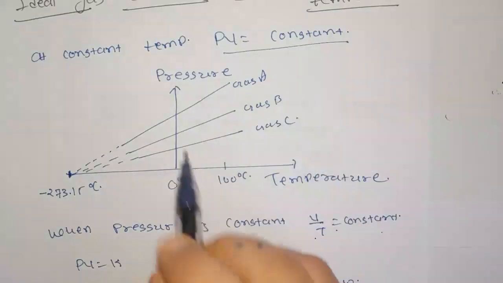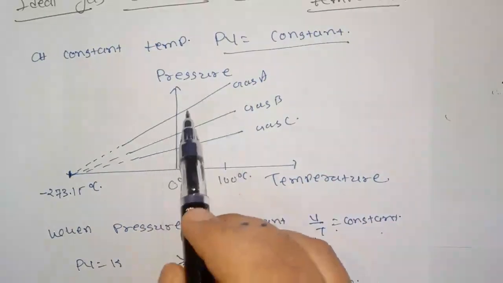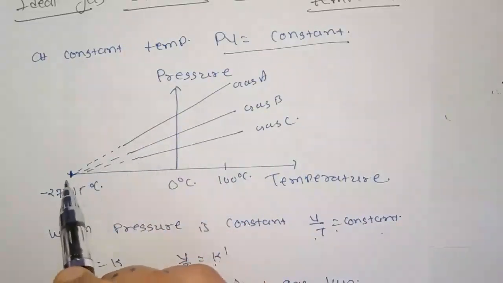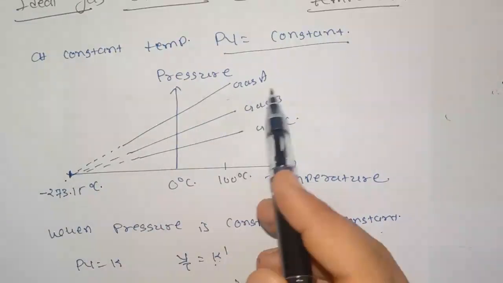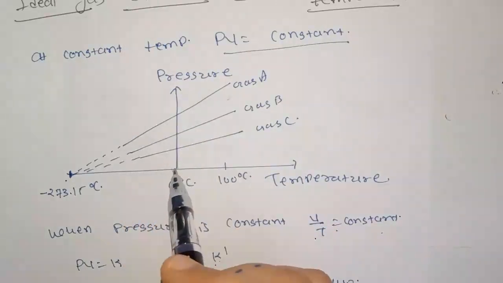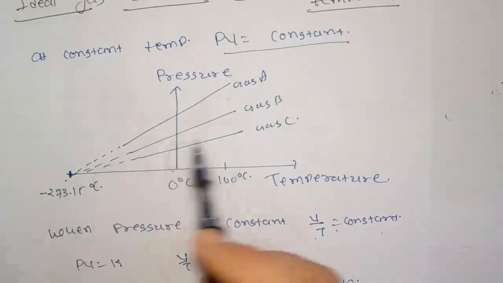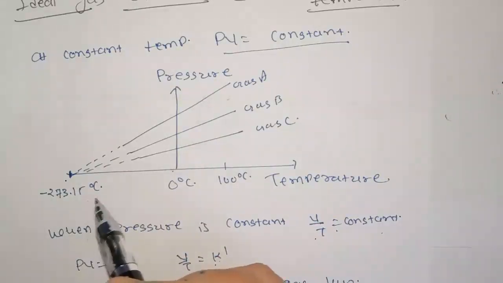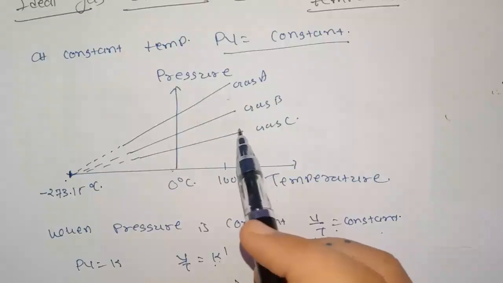Now, when we extrapolate these straight lines to zero pressure, the temperature approaches minus 273.15 degrees Celsius. This limit is the same no matter what kind of gas is used. We have drawn the graph for different gases, but for zero pressure, we have the temperature of minus 273.15 degrees Celsius irrespective of the type of gas.